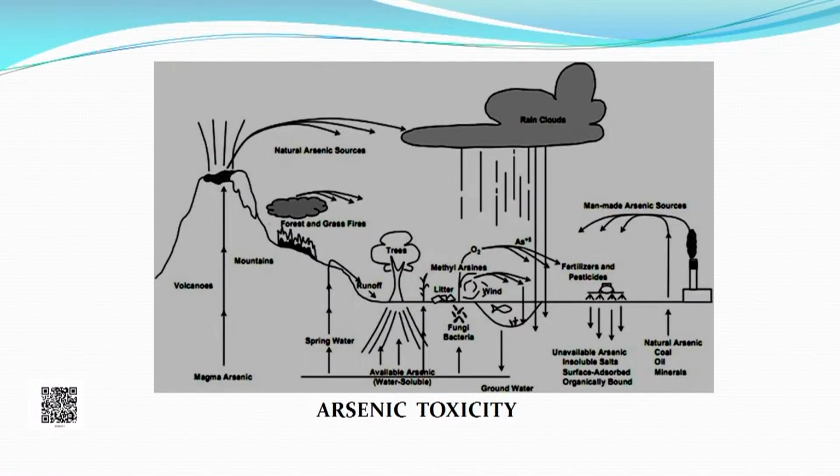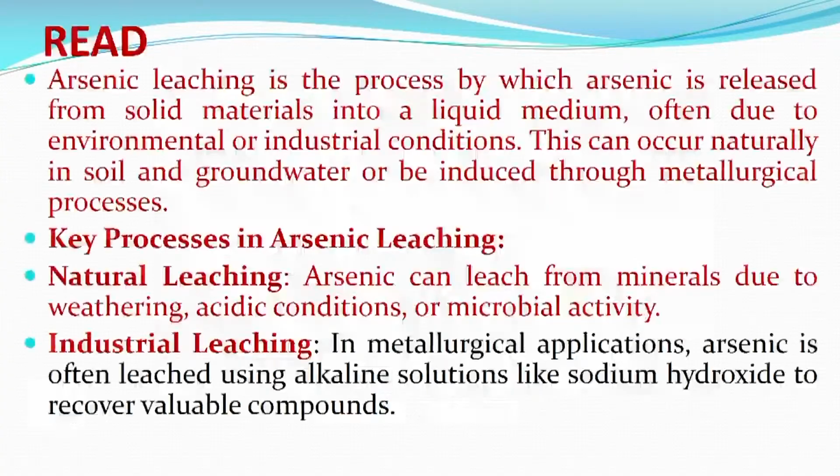Arsenic leaching is the process by which arsenic is released from solid materials into a liquid medium, often due to environmental or industrial conditions. This can occur naturally in soil and groundwater or be induced through metallurgical processes. So arsenic leaching may be natural leaching or industrial leaching.